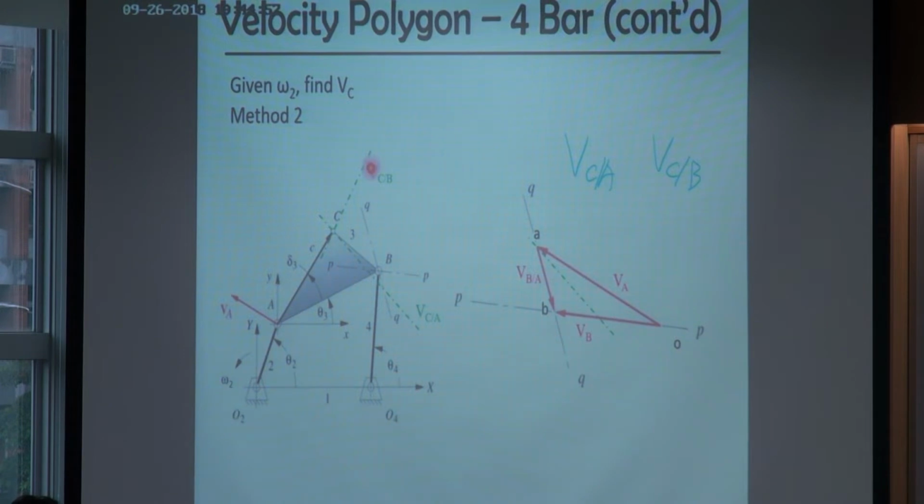And I know this line in this velocity polygon is going to pass point B. It's going to pass both B and C, but right now we only have B, so we just let it pass point B. So this line is representing VCB. Both this VCA and VCB need to pass point C. So the only chance is this intersection is going to be point C.